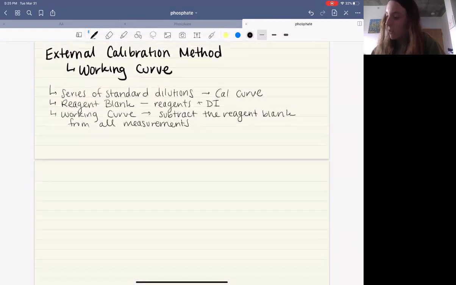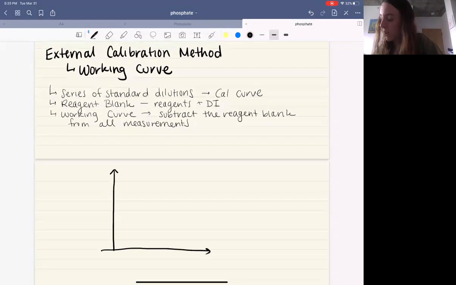Let me show you an example of that. Okay, say when you first did your calibration curve before you converted it into a working curve, your reagent blank would be some point on the y-axis because your concentration of phosphate is 0.